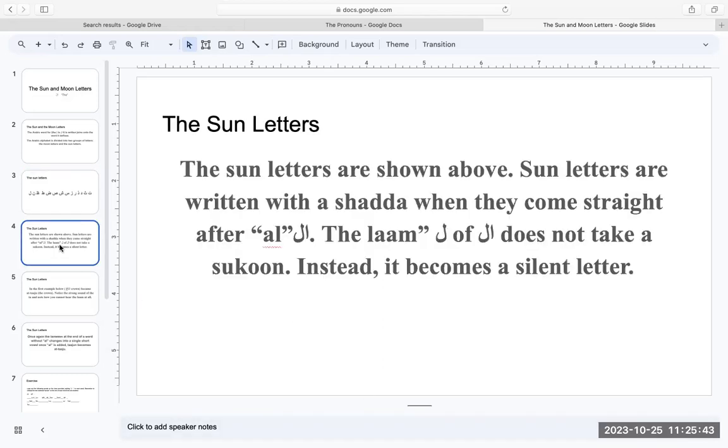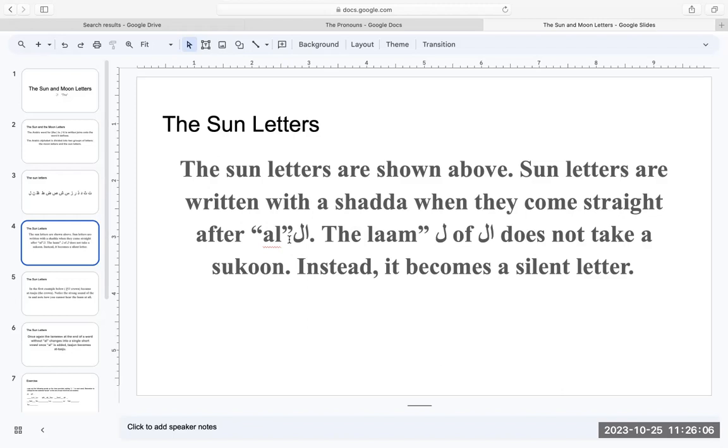The sun letters that we practiced a second ago are written with shadda when they come straight after the alif lam.